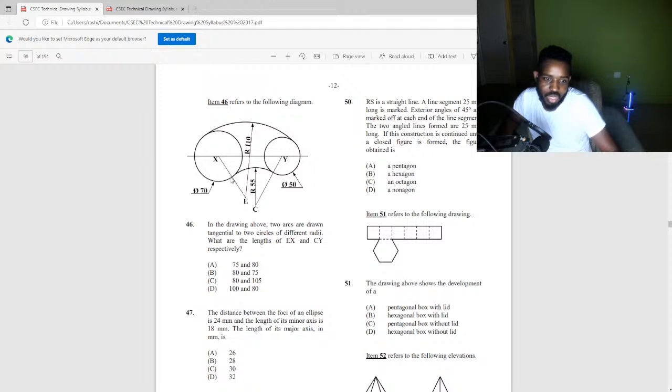And over here, this is 55 plus 35, so that's 90. What am I saying? 55 plus 35.